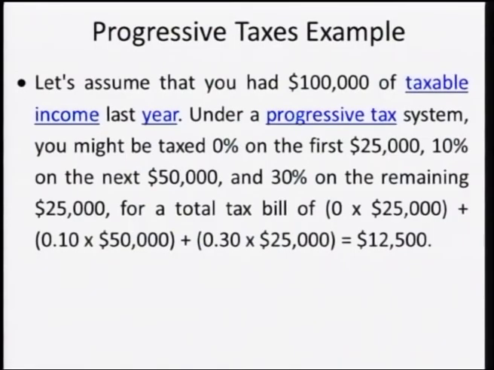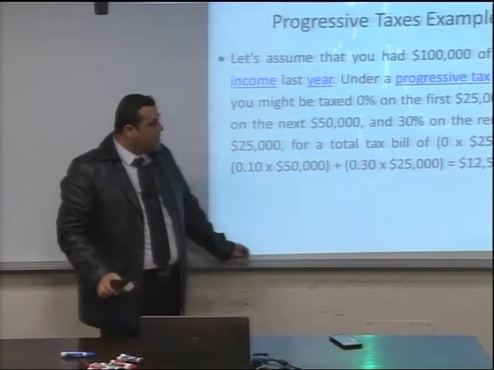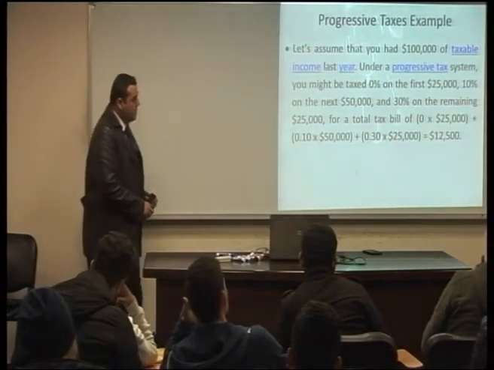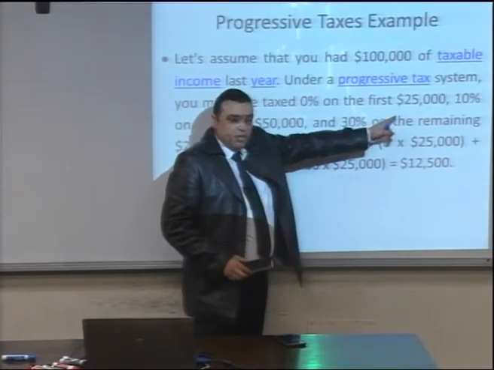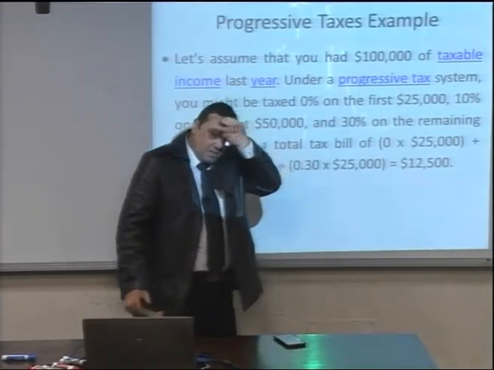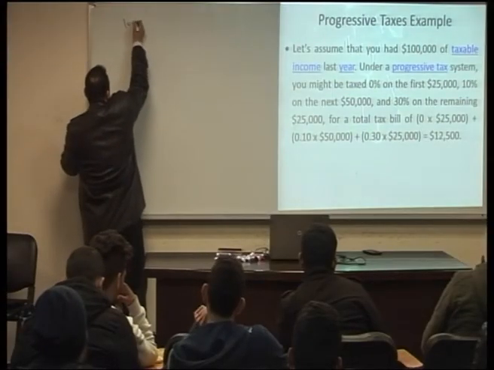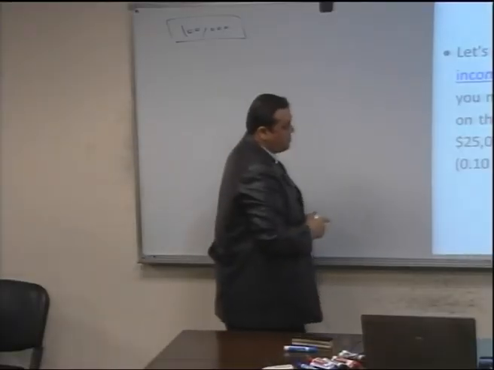Let us assume that you had $100,000 of taxable income last year. Under the progressive tax system, you might pay 0% on the first $25,000. Let's divide your income, the $100,000, into 3 groups.